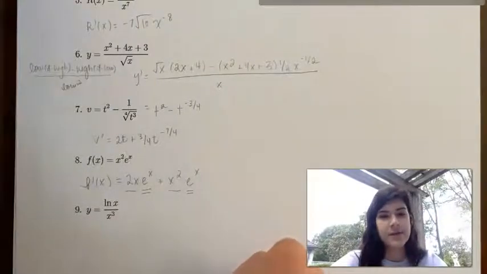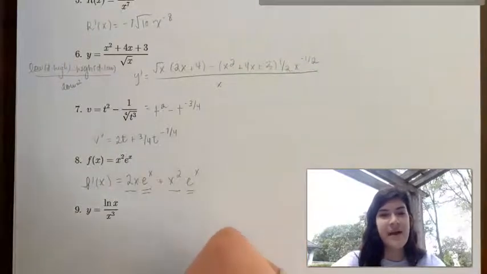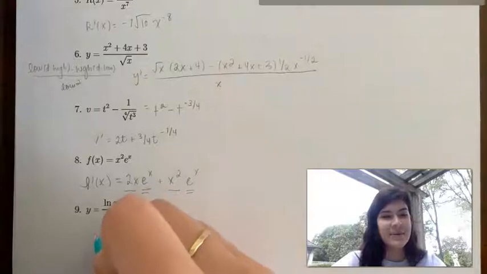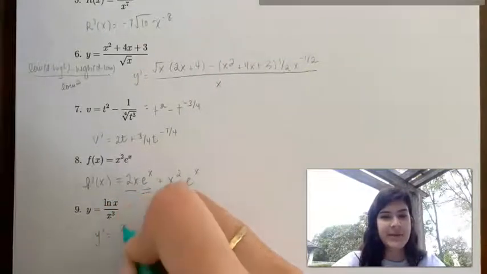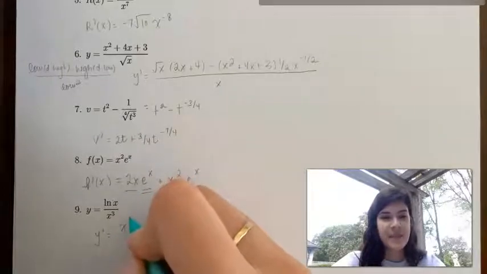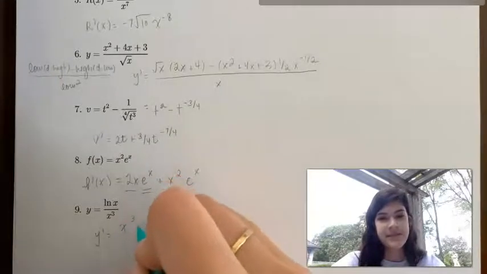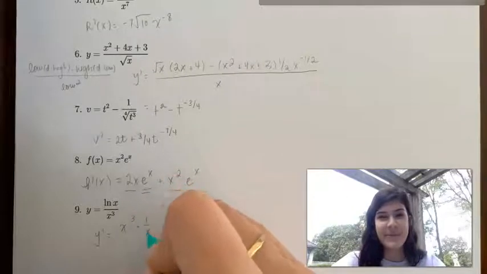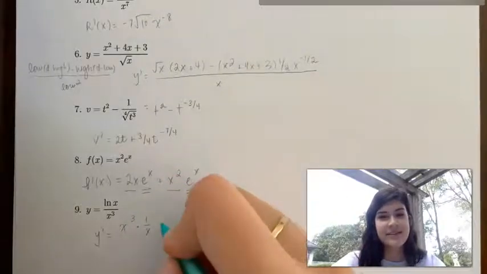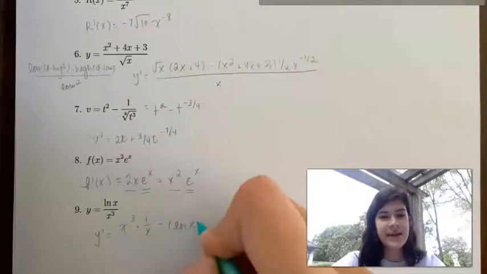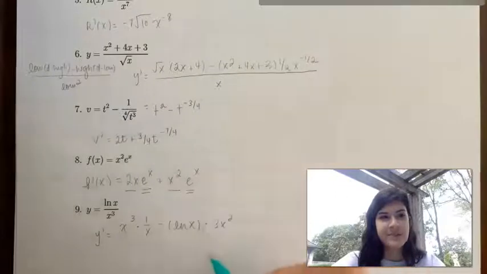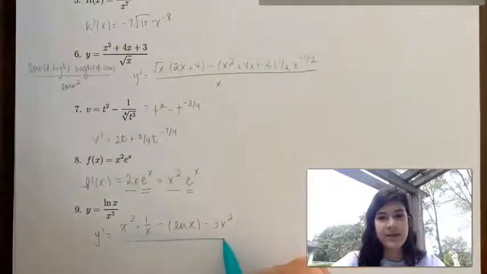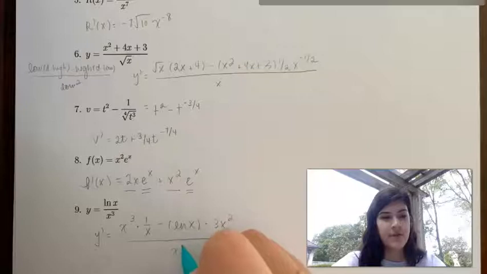So then number 9 is the quotient rule again. I didn't write out our little rhyme this time because I think I remembered it. So we're going to start by just bringing up x cubed, and then remember that the derivative of ln x is just 1 over x, minus, keep the same, ln of x, and then regular power rule, 3x squared, and then all over low.